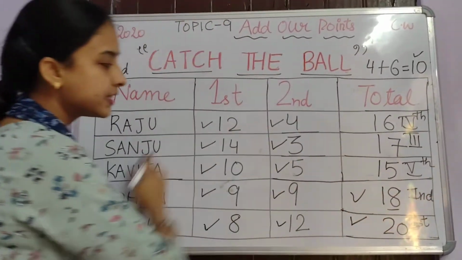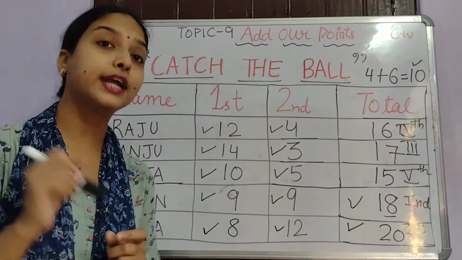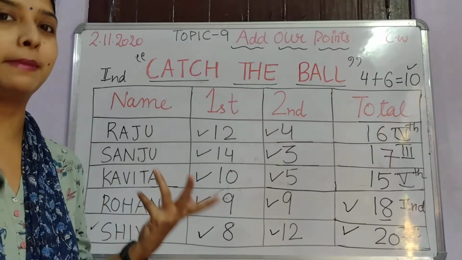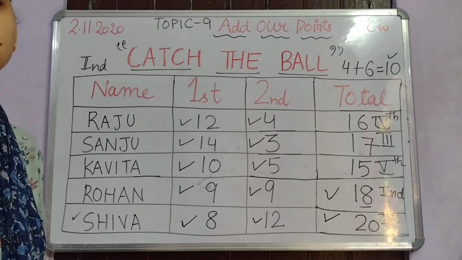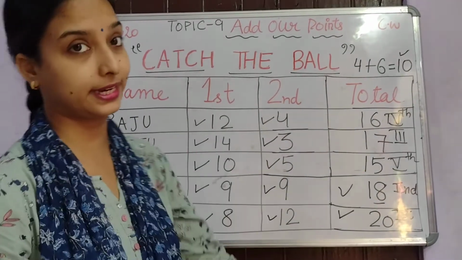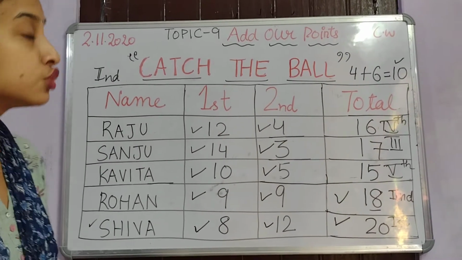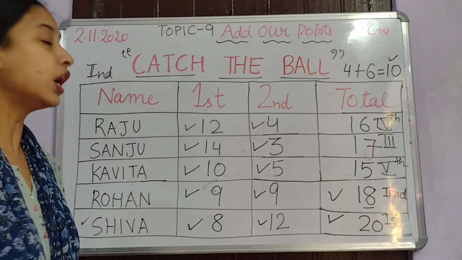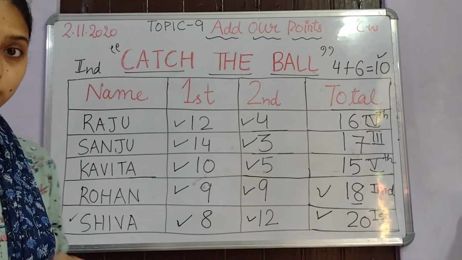So this is the table which you have to understand. I will ask you a few questions and you will tell me who has scored the maximum marks, least marks, who has scored good marks in the first round, and who has scored good marks in the second round. So tell me, how many marks has Raju scored in the first round?